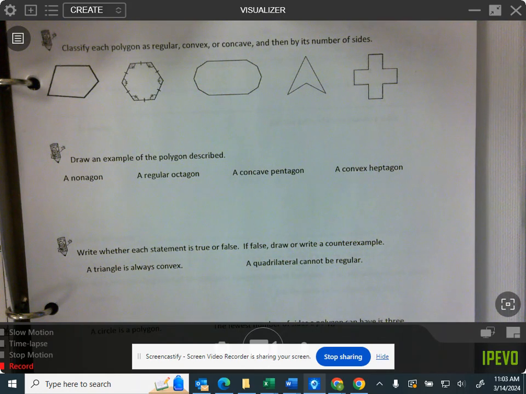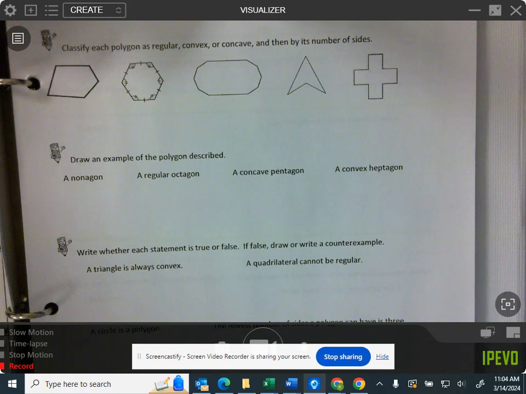So two names. Look at that first one. Is it regular, convex, or concave? Look at our very first polygon. Is that a regular, convex, or concave polygon?